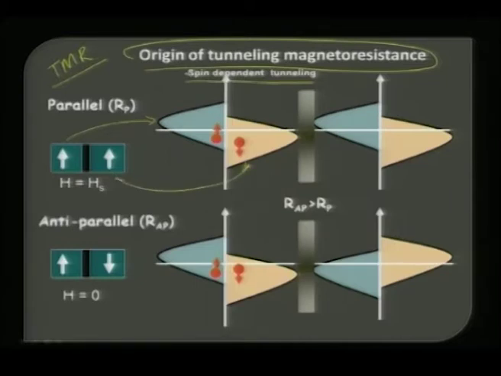The spin subband of this ferromagnet and the spin subband of this ferromagnet is important. So, let me take it out. Yeah. So, this spin subband represents that of the ferromagnetic layer here, and this spin subband determines that of this one. So, when two ferromagnetic layers are aligned, then the spin subbands are also the same. So, what would happen?